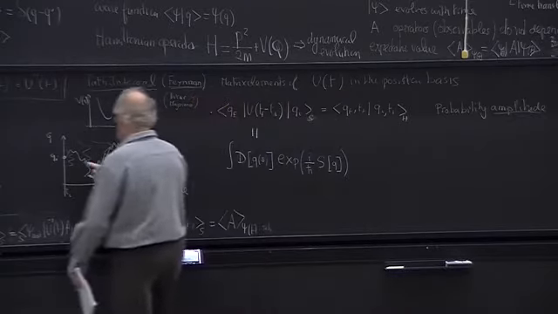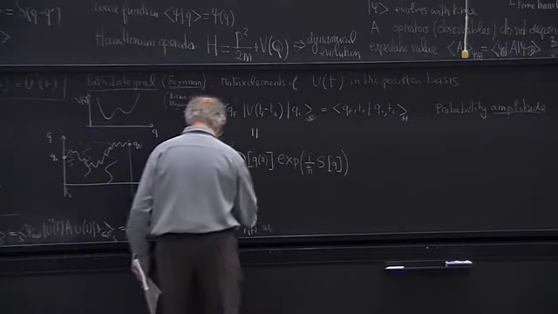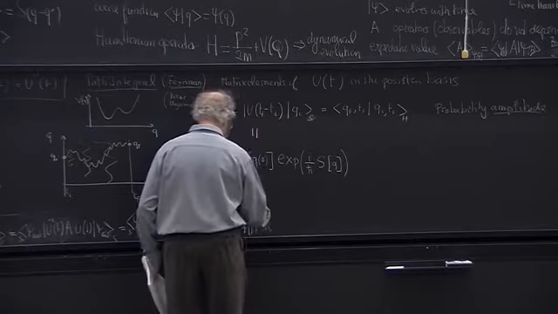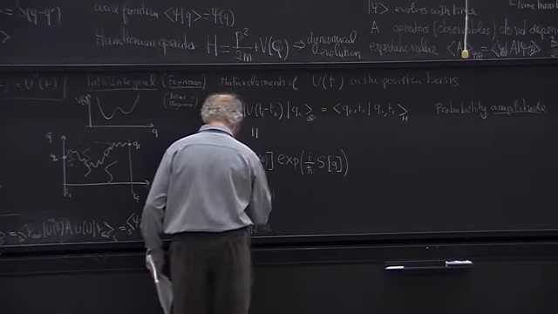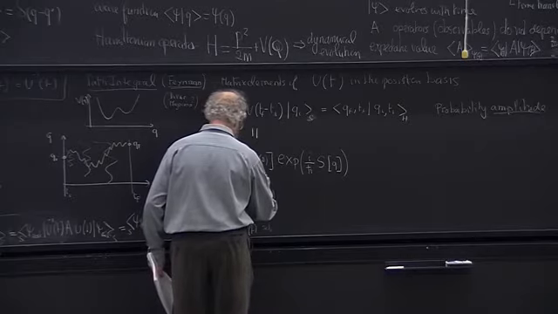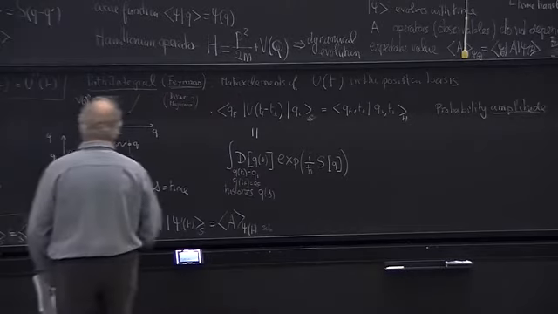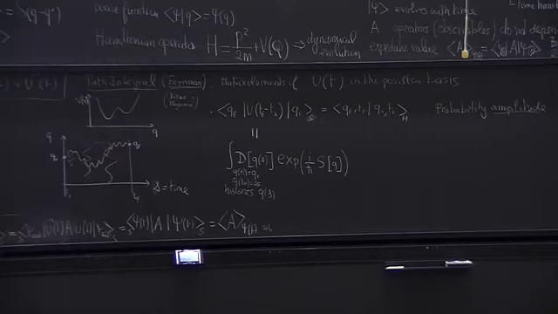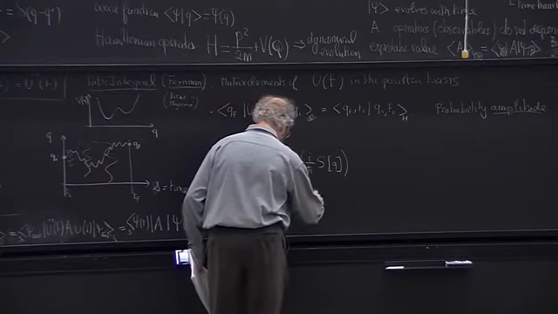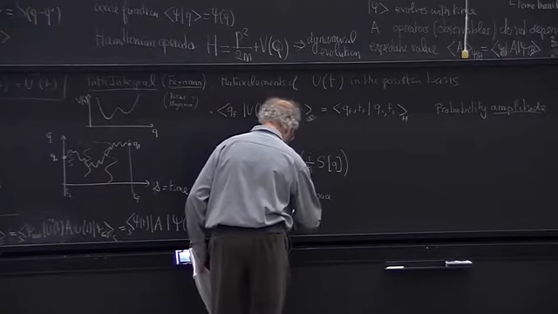So we sum over classical histories such that q of s at initial time is q initial, and at final time is q_f. But otherwise, the trajectory can be anything, in some space of functions.